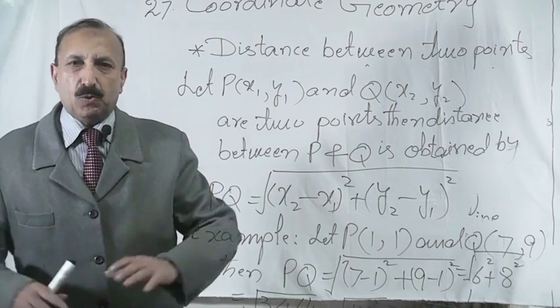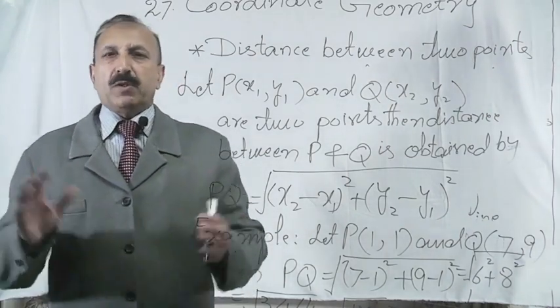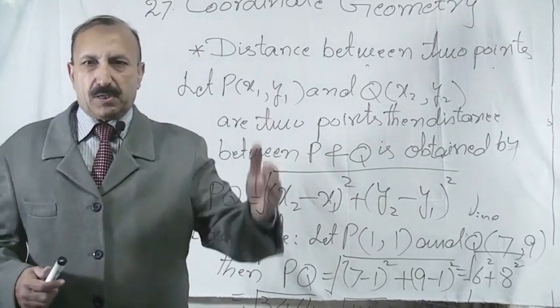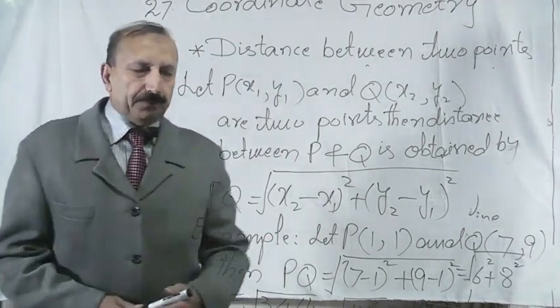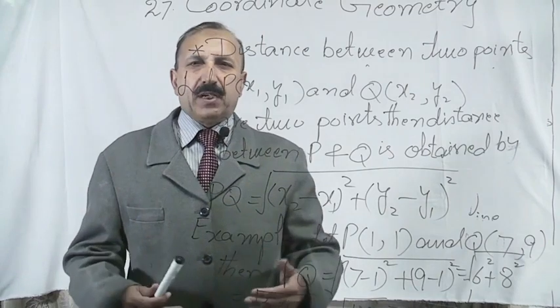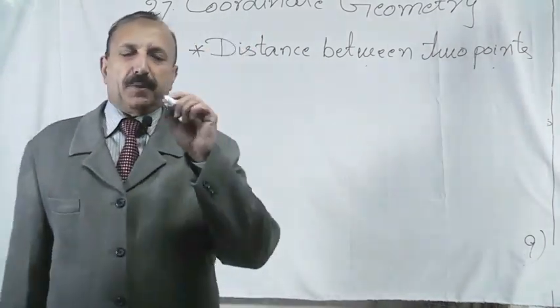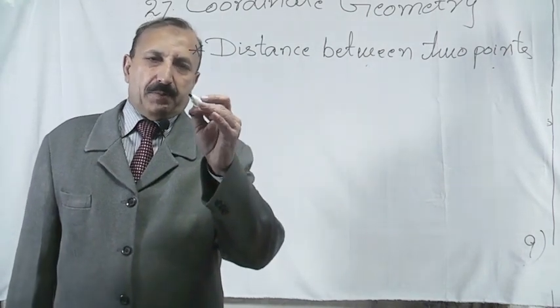I'll guide you and help you in the second stage where you can use the comprehensive level use of the concept of this distance formula, and then we will see how can we find sometimes unknown values. Let's have one more example.